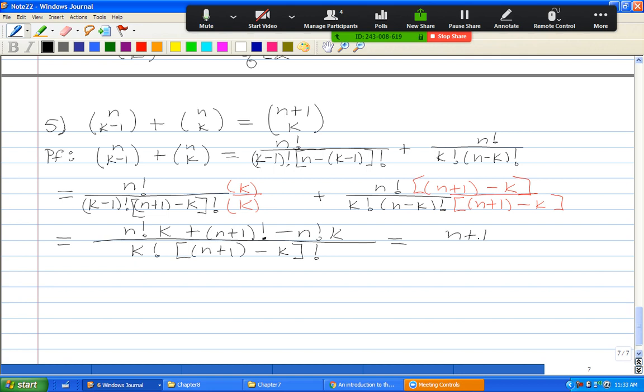So you just get n plus 1 factorial over k factorial times n plus 1 minus k factorial. But this is just n plus 1 Ck. And that's what you wanted to show. So, yes, that's how we add these things in the Pascal's triangle.